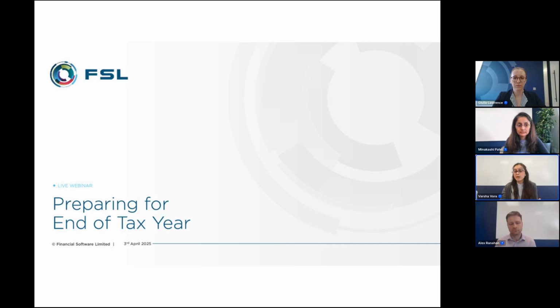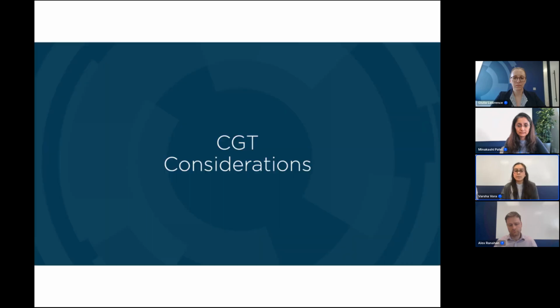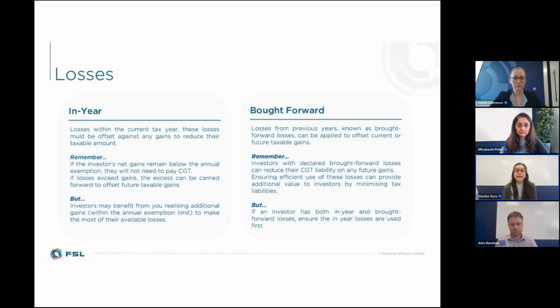So this time round, we're going to look at how you can then use that within CGIX to help you with preparing for your reporting. So what CGT considerations do you need to take into account? That's going to be our first area that we're going to be looking at.